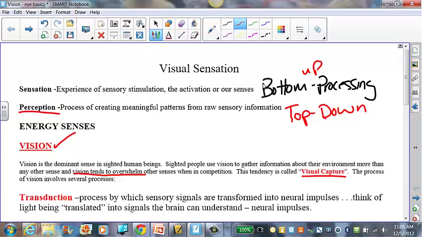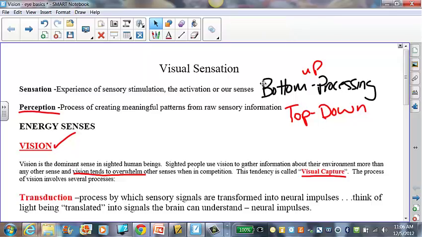We perceive that voice to be coming from their mouth on the screen, but in reality, that sound of their voice is coming from the speakers on the side of the theater. But when we see them talking on the screen, our visual sensation or perception overwhelms our auditory sensation, and it sounds like that voice is actually coming from their mouth on the screen.